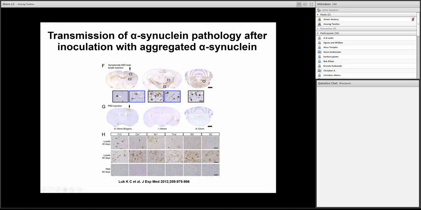In other words, the ability of alpha-synuclein fibrils to transmit from one area of the brain to another area of the brain was validated in this particular study.